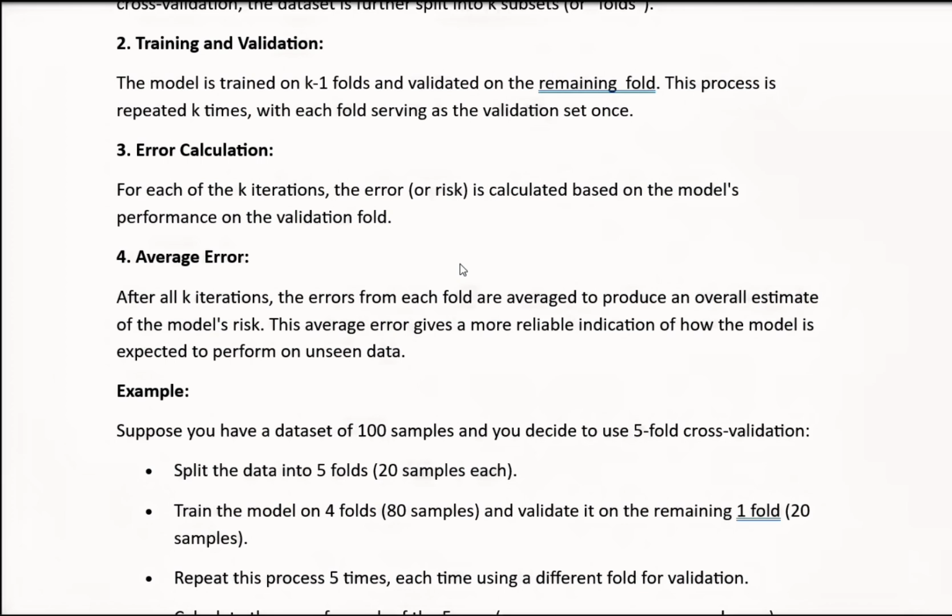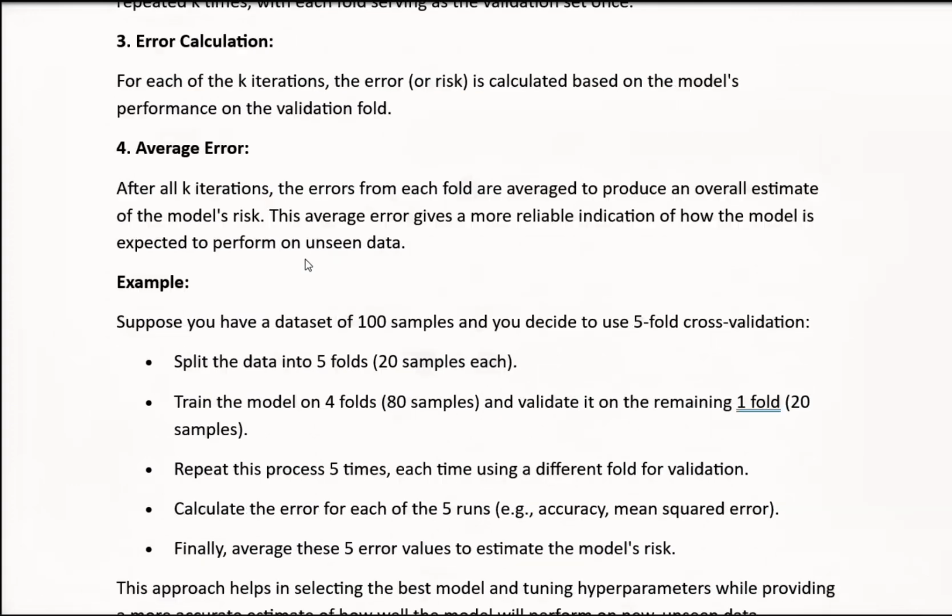Error calculation. What is meant by error calculation? For each of the K iterations, the error, also called the risk, is calculated based on the model's performance on the validation fold. On which part?